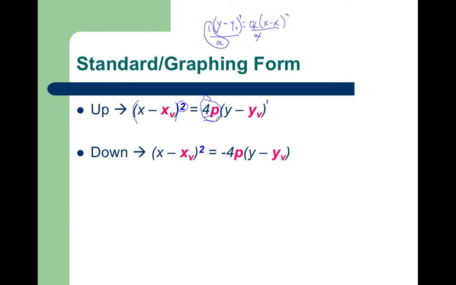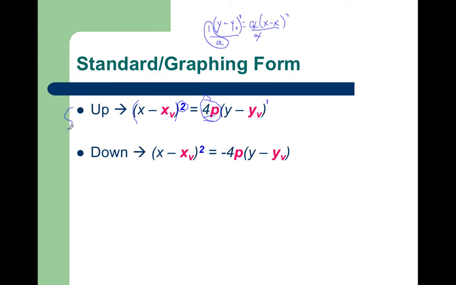So you started with 4p, and in reality, they divided both sides by 4p to get the dilation factor over with the squared stuff. So now, when 4p gets bigger, the parabola gets wider. When 4p gets smaller, the parabola gets skinnier. Ah, life makes sense.